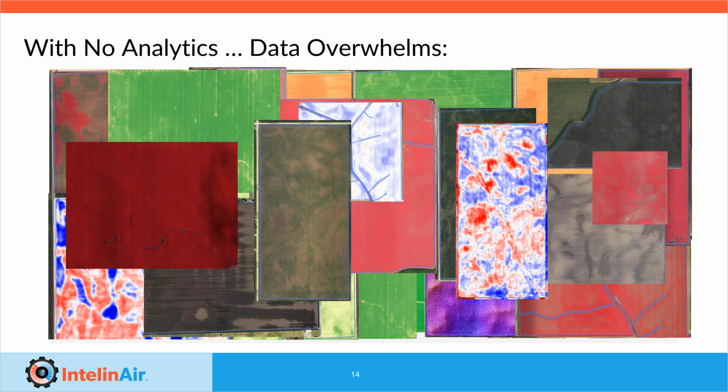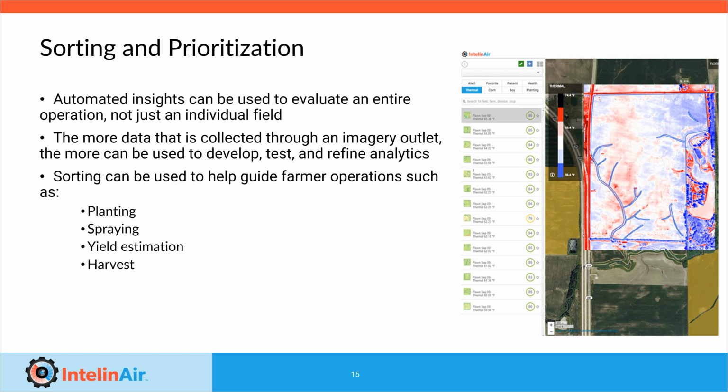And that's where an analytics solution can come in. There are increasingly more and more of these being offered in the marketplace today. A big benefit is to allow for sorting, prioritizing, ranking.